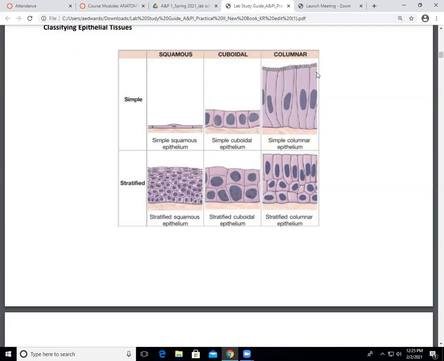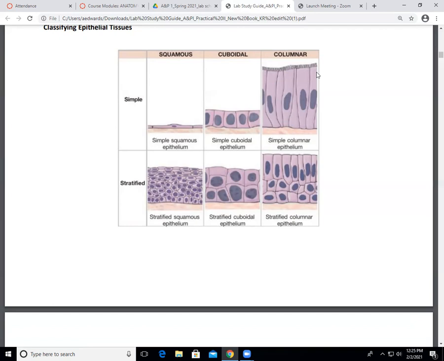Okay, so from this view, you mainly see flat cells. All right, and it also depends on the vantage point, because you might also see cells that look kind of like a fried egg. They're irregular. Those are also squamous. Okay, and the main thing is we're also looking at the apical layer, like I don't say top, I'll say apical, but basically the cells right here are flat.